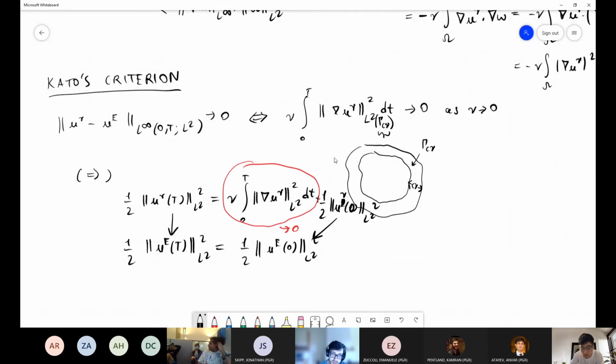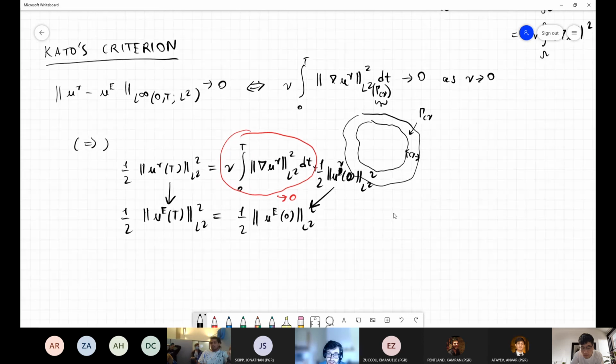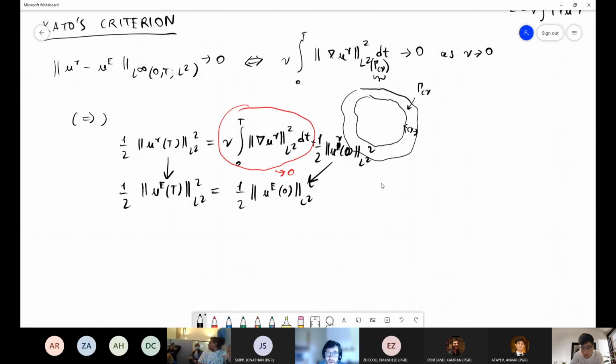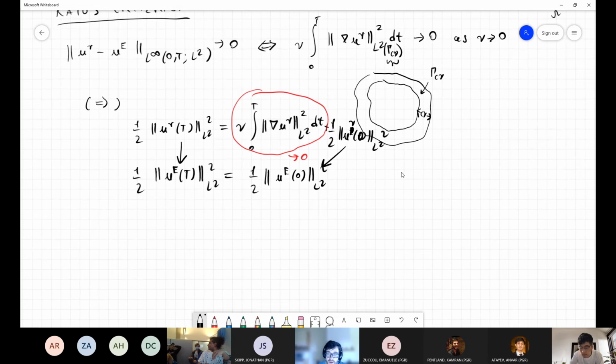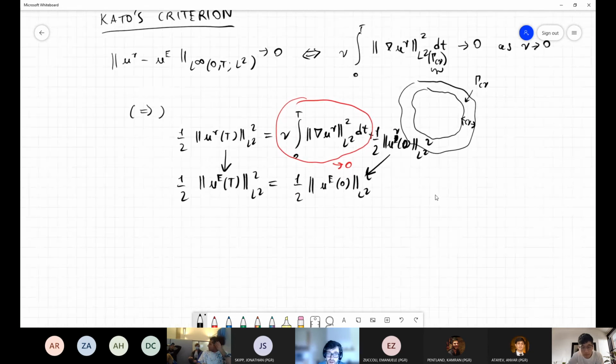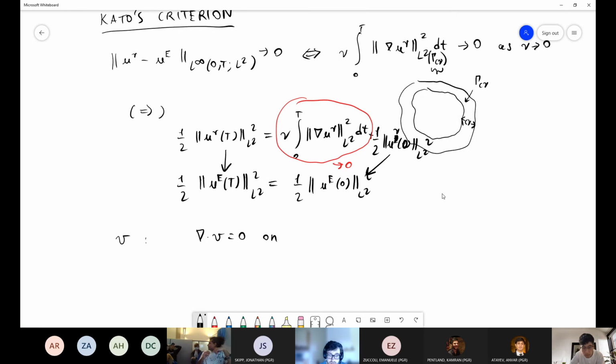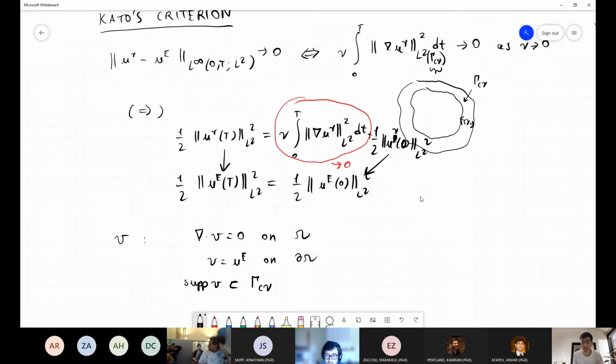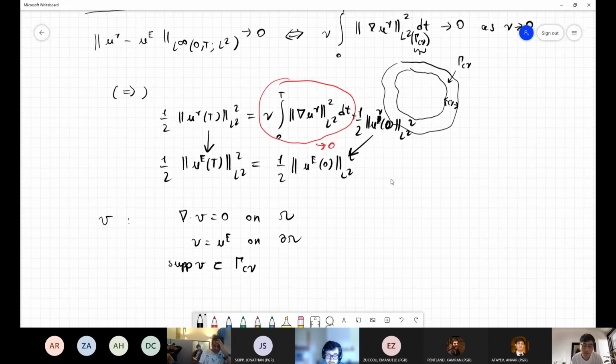But the implication from the right-hand side to the left-hand side is what makes it really interesting. So to solve this problem, Kato introduces a boundary layer. You have to introduce a function v such that the divergence of v is 0 on Ω, and v equals u_E at the boundary, and the support of v is contained in the strip of thickness cν.